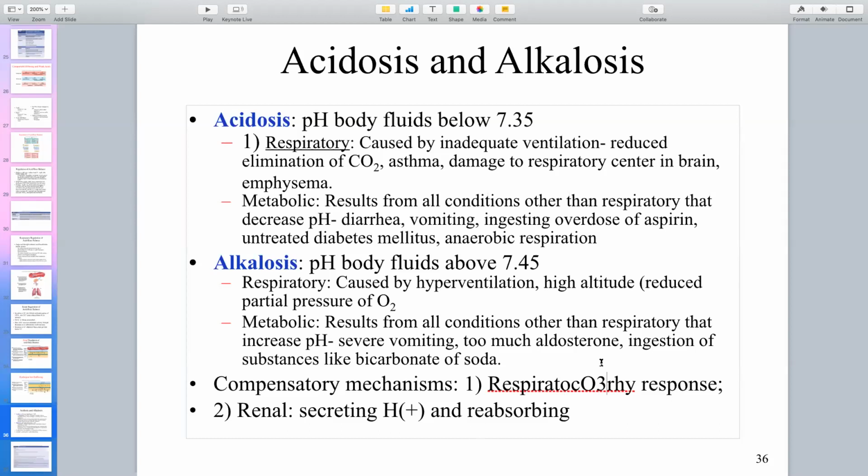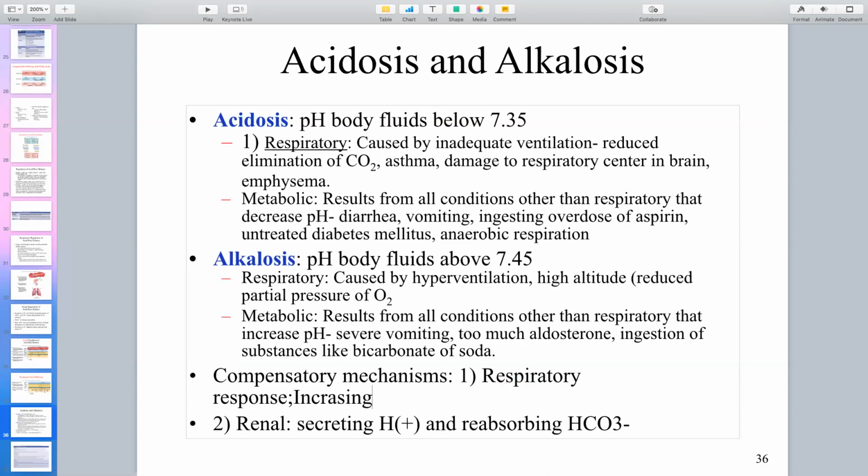So the renal response is that, and the respiratory response right here is increasing or decreasing respiratory rate.